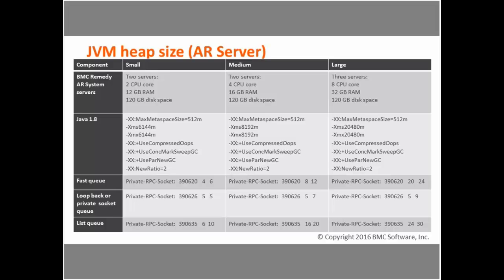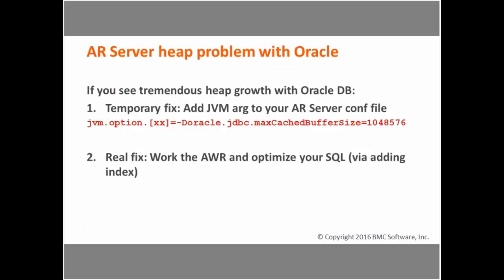Continue on for the configuration of the AR server, like how many threads for the fast queue, how many threads for the list queue, but the last one, this one is really important. If you're running AR server now with Oracle, and you notice that, hey, with the Java version, the heap just grows and grows, and then the JVM crashes.